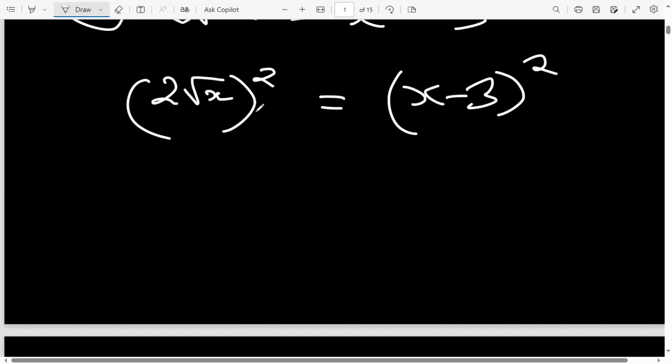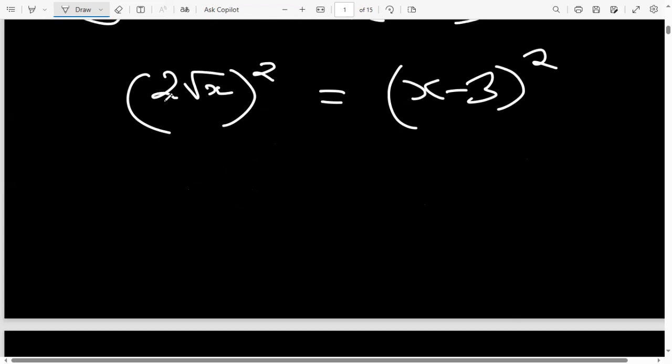And then here, when we square this 2 root of x, it means we are distributing this power to the 2 and to the root of x. So what we have is 2 squared multiplied by the root of x squared.